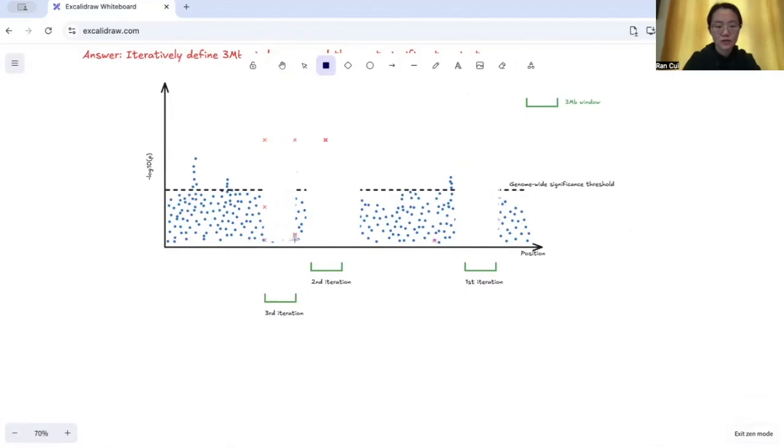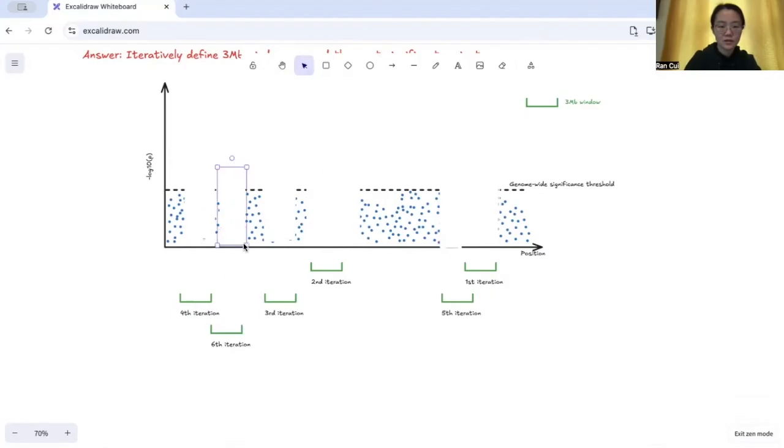We cross it out and no longer consider any of the variants in the subsequent iterations. And then we have the fourth. You get the idea. And then the fifth, and then the sixth. All right, so now we have hit our end condition where nothing left in the genome is genome-wide significant. Then what do we do?